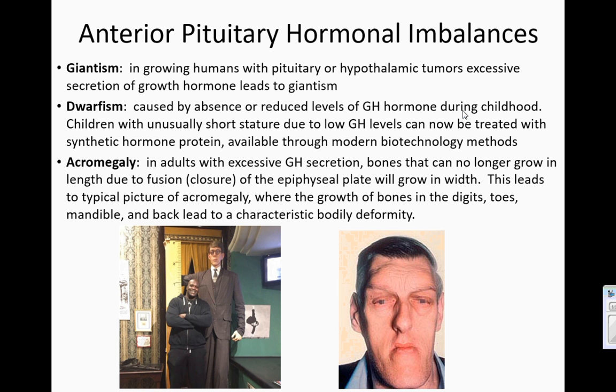The first one is giantism. Makes sense based on its name, what it does. This develops a really tall and large person. And I'm talking super tall. Okay, not just 6'4". Okay, I'm talking huge.